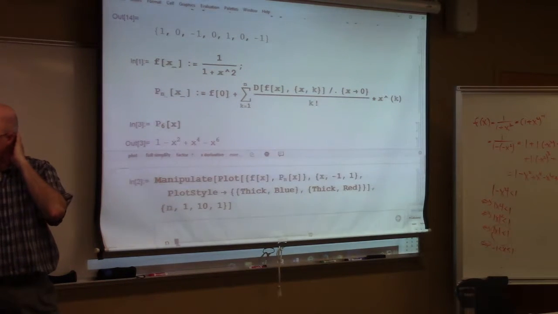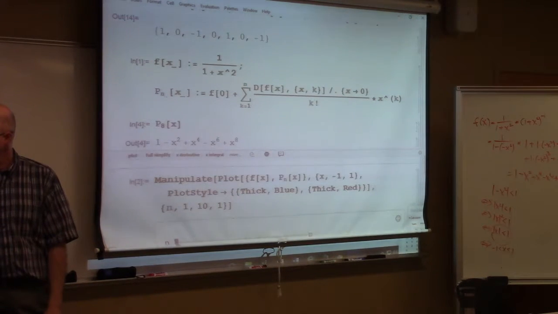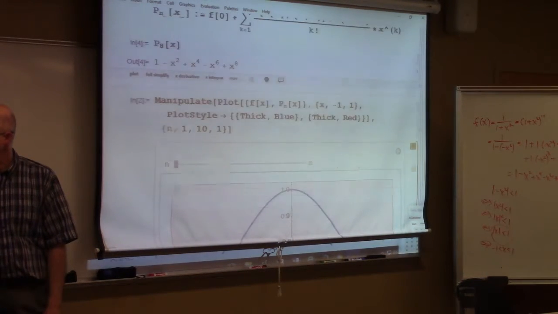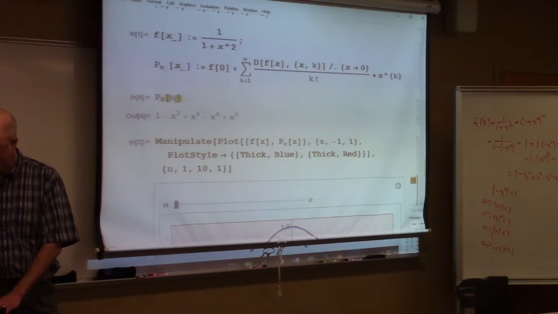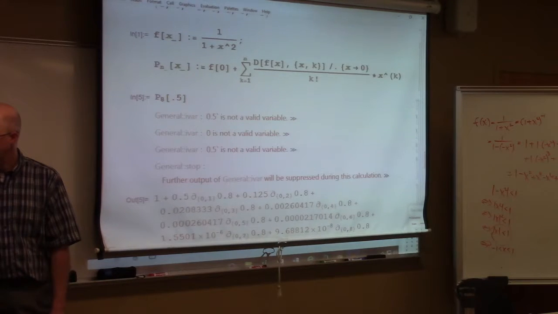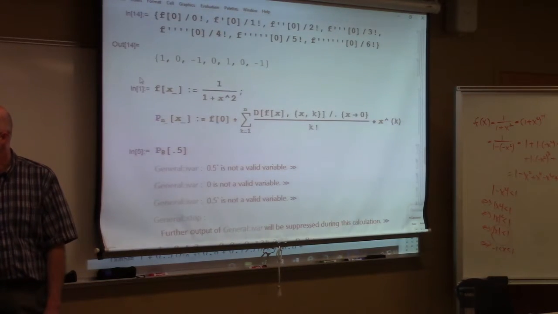P6 is that. P8 is this. x doesn't have a value. If I plug in x here, do I get something? I think my syntax looks good. Let's see a problem. Using underscores.